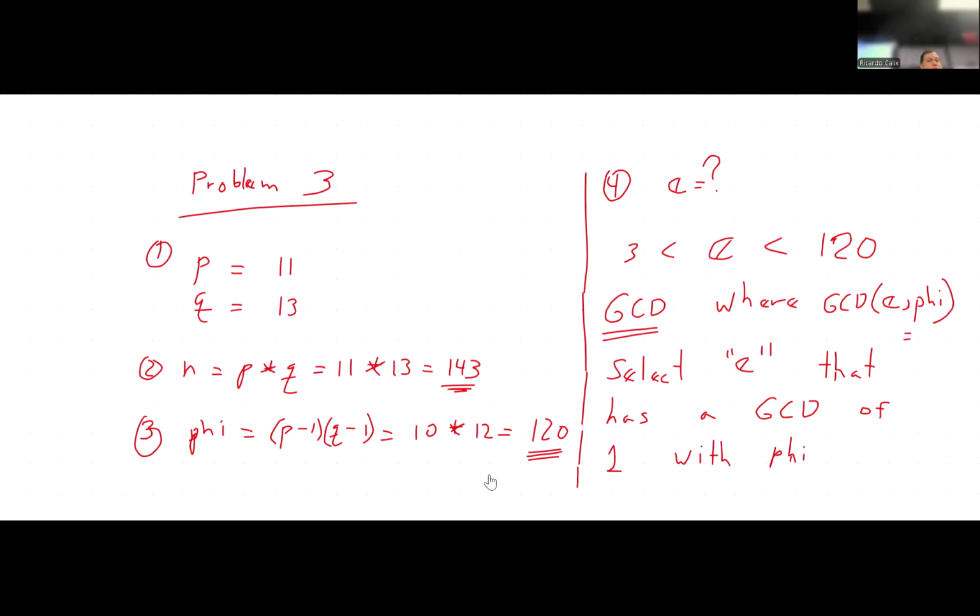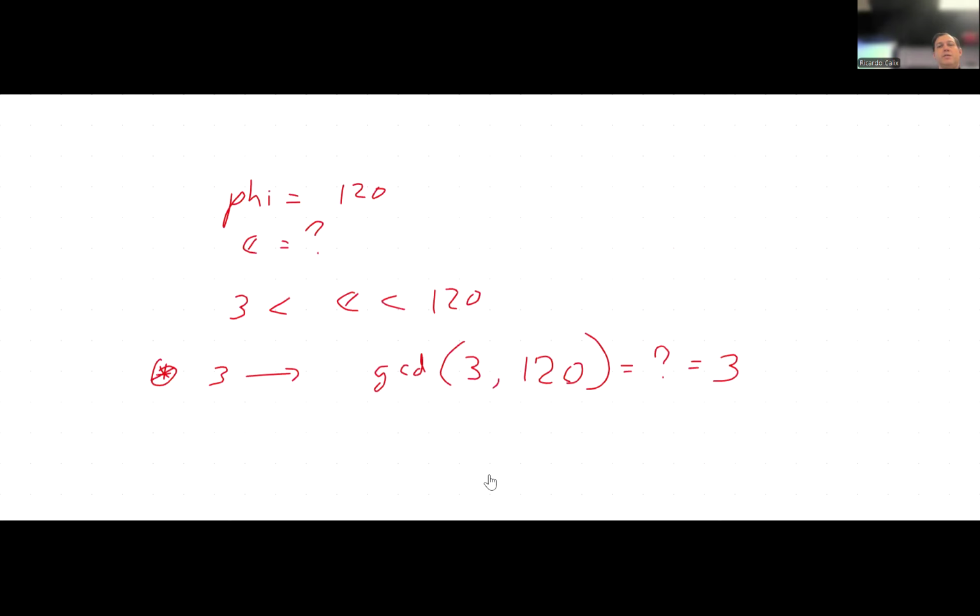Does that make sense? We need to select E's that are within this range, but also have that condition. Why? Because otherwise it's not secure. That's the whole point, right? If you follow these rules, everything will be secure, everything is going to work out. So in this case, it needs to be equal to 1. If we go back to our script over here, we are looking for equal to 1. This does not meet that condition. Therefore, that's not the E that we select. So let's try another one.